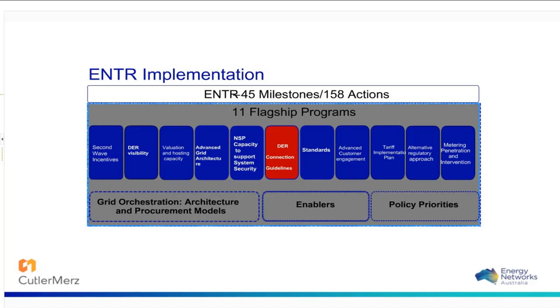We had 45 milestones and 158 actions, and they've been garnered down into these 11 flagship projects. We've got a whole section around grid orchestration and architecture and procurement models. We've got a whole section around policy priorities, but the DER connection guidelines is one of these flagship programs, which is around the issues we identified as enablers for that transformation and getting that right.